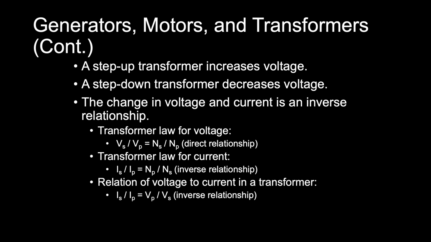So we've got Is divided by 5 equals 110 divided by 550. Is equals 110 divided by 550 times 5. Is equals 1. So you're just cross multiplying there.